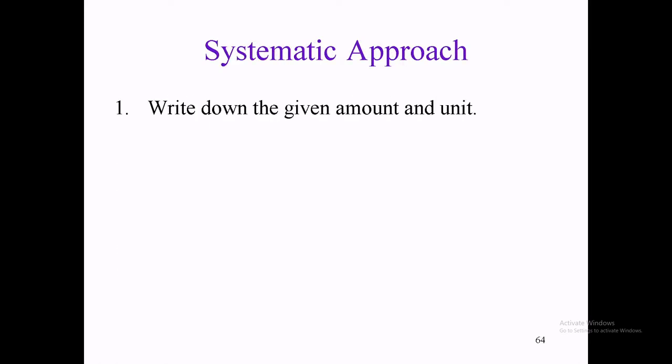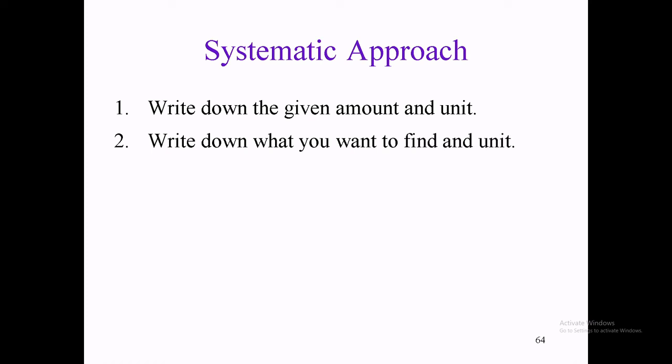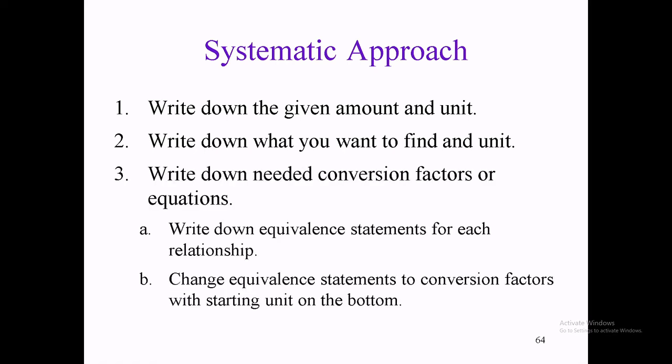The systematic approach. We're going to write down the given amount and unit. So we're going to write down what we know. We're going to write down what we want to find and the unit. So we're going to think about what it is we need to figure out. We're going to write down the needed conversion factors or equations.